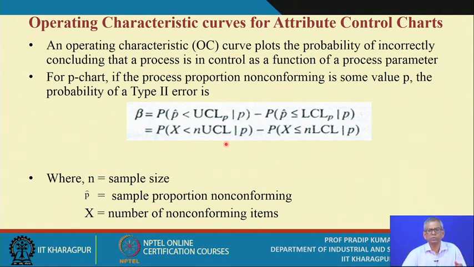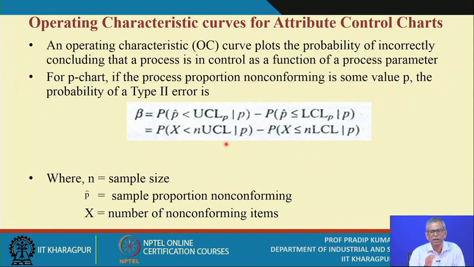Is it okay? Suppose you consider 10 or 15 such values of P, and compute the corresponding beta values, and then you plot them, and by looking at the plot pattern you can conclude whether the performance of the control chart is all right or not.